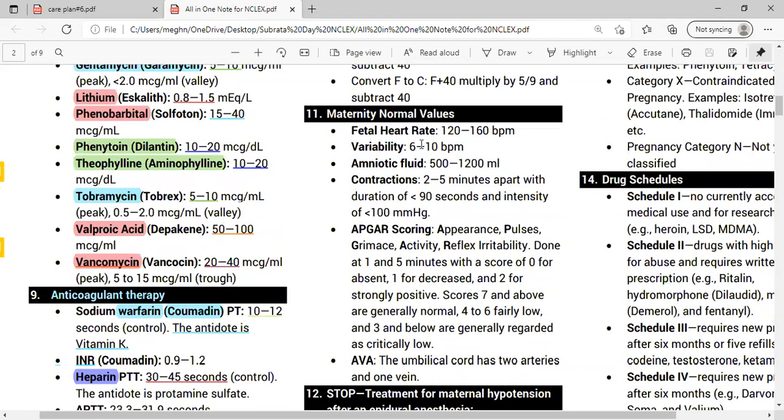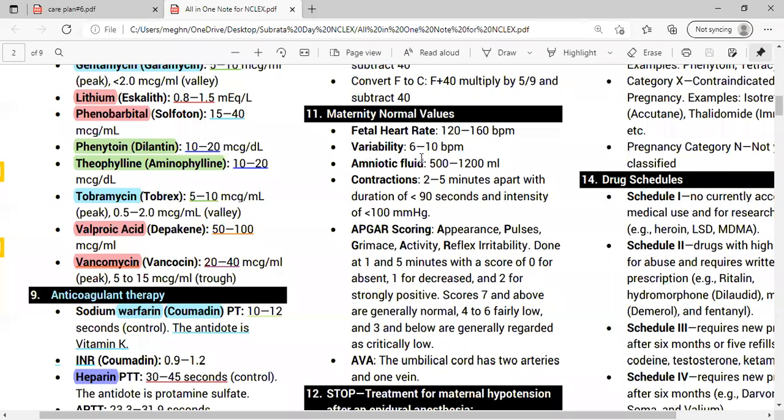Next, go, maternity normal values. Normal fetal heart rate should be 120 to 160 beats per minute. So if the fetal heart rate is less than 120, we call it deceleration. If it is more than 160, it is called acceleration. Both are bad.